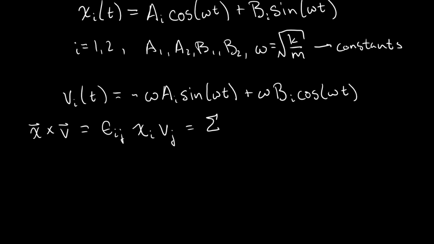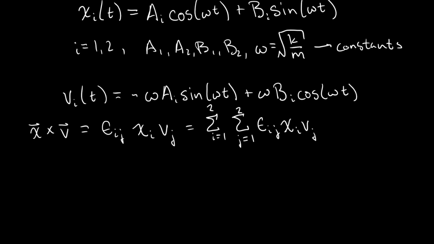So I'll explicitly write the sum, so we're summing over both i and j. I'll write this even more explicitly, so i goes from 1 to 2, j also goes from 1 to 2, epsilon ij, xi, vj.